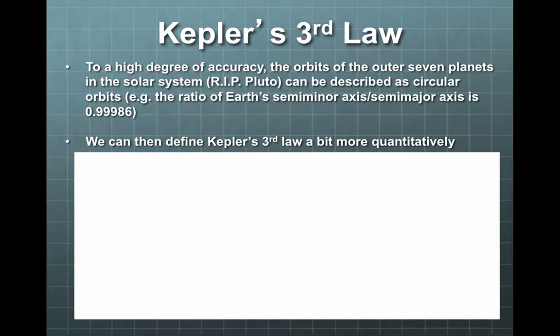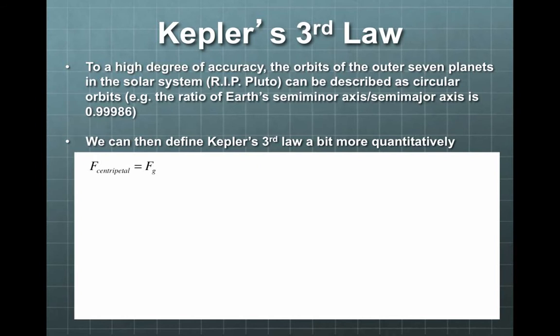So assuming a circular orbit, we can go back to our last unit on centripetal motion, or rotational motion rather, and we can then describe the orbit of a planet using the centripetal force. The centripetal force on the planet is equal to the gravitational force due to the Sun.